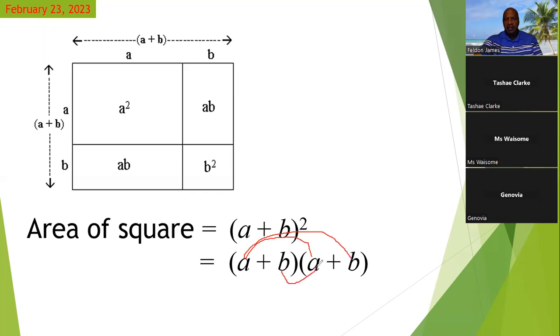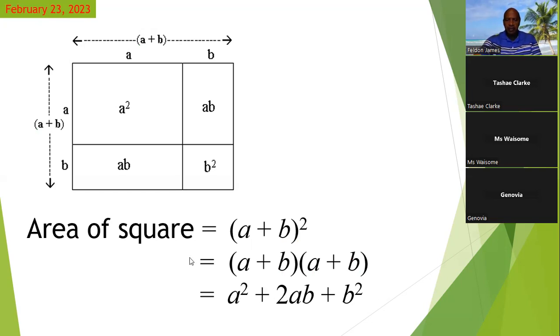Then we have B times A, which is the same as AB. And then we have B times B, which would give us B squared. And so by doing that multiplication, we would have gotten the product A squared plus 2AB plus B squared.